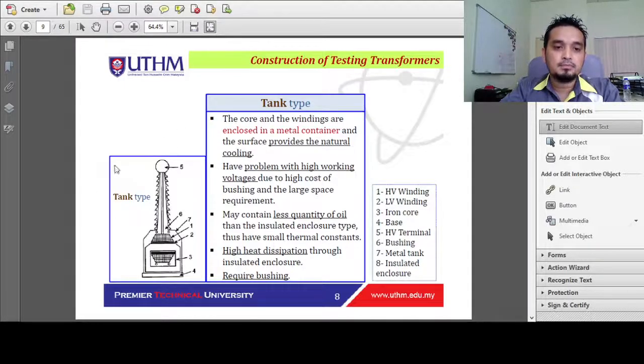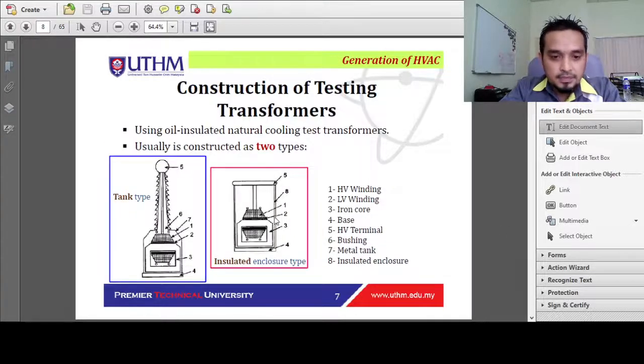So we might need a relatively bigger clearance distance. As we compare this one, less quantity of oil. If you can see this comparison, for the tank type the oil space is relatively lower compared to this one, which needs to be filled with oil.